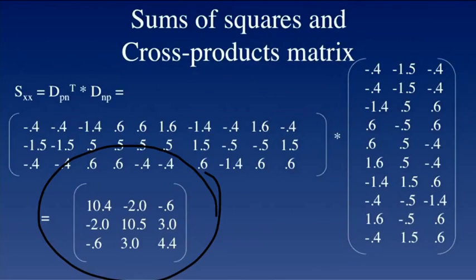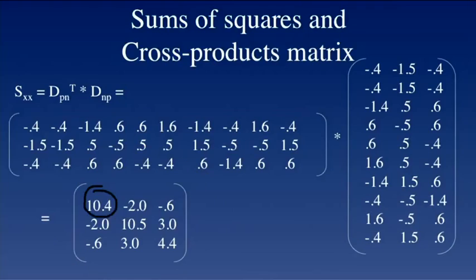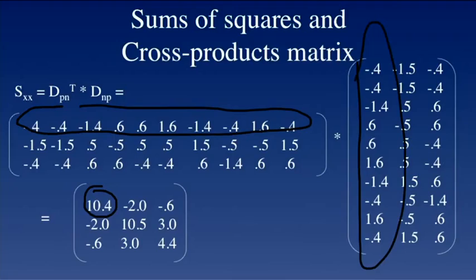So in the diagonal, we have the sum of squares, because of what I'm doing to get the diagonal entries. How do I get this entry 10.4? Well, it's in the product, row 1, column 1. So I would have to look at row 1, column 1.